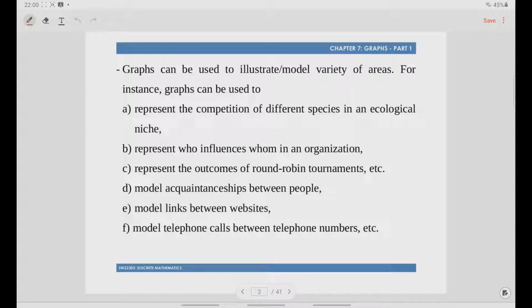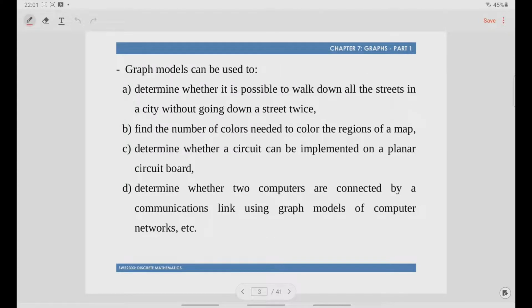So the model that we obtain by using graphs can be used, for example, first to determine whether it is possible to walk down all the streets in a city without going down a street twice. That is the first application. The second application is we can use the graph model to find the number of colors needed to color the regions on a map.